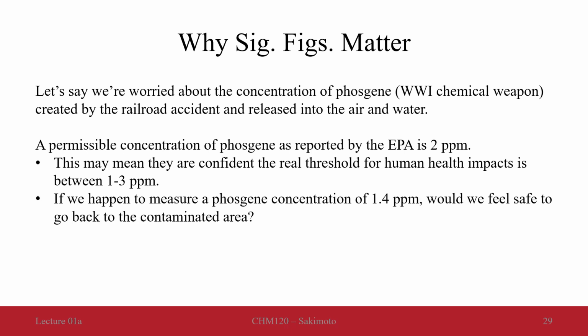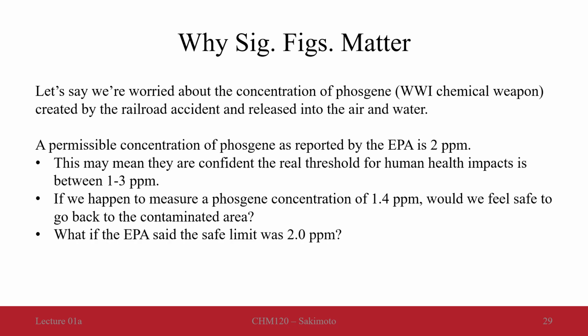If we were to measure a concentration of 1.4 ppm, would we feel safe to go back into the contaminated area? 1.4 is numerically lower than 2, but if we understand that this 2 ppm really means their confidence is between 1 to 3, we might be uncomfortable that 1.4 ppm still falls within this uncertainty range, still falls within the precision of the EPA's measurement.